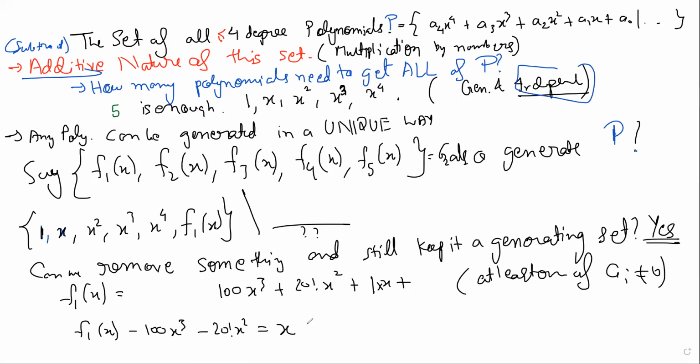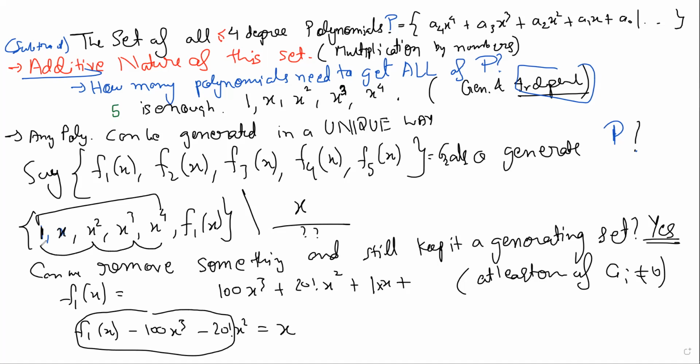So now you can understand that x is no more needed. We could have replaced x cube also, right? But x is no more needed. Any polynomial, you write it using these things, but then you can replace the x by this, and it's written without x using these 4 things.